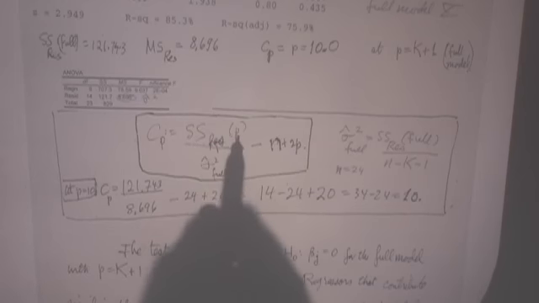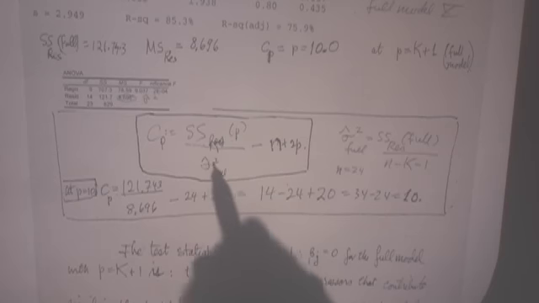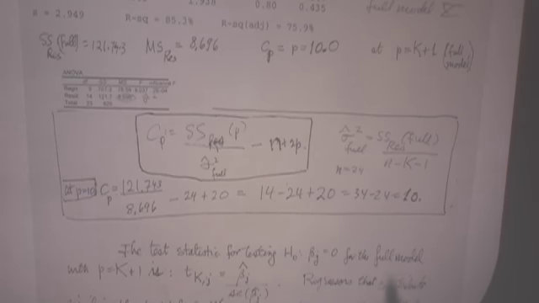If I just took SS res of p and divided by n minus p, which is the number of degrees of freedom in SS res p, all right, then what do we get? I would get SS res p divided by SS res p by n minus p. I would just get n minus p minus n plus 2p. I would get exactly p. Okay?